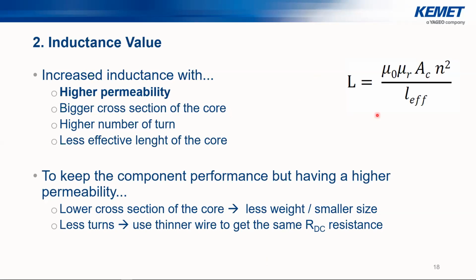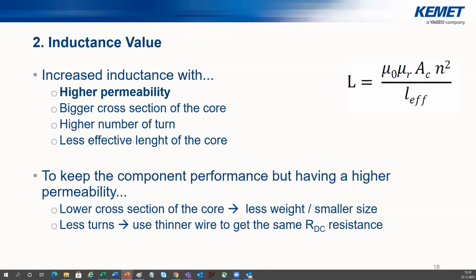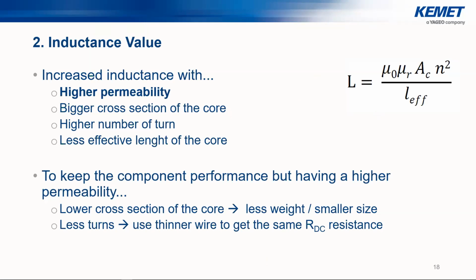But we want to keep the component performance by having a higher permeability. So we need a lower cross-section of the core, which gives us less weight and a smaller case size. Also, we want to have fewer turns, because then we can use thinner wire, and this gives us more RDC resistance. And you see, it is getting more and more complicated.